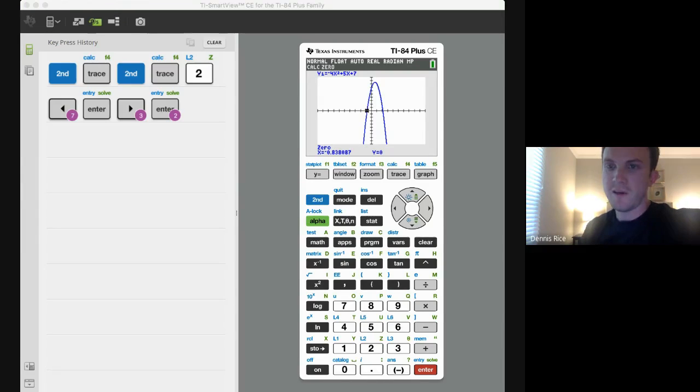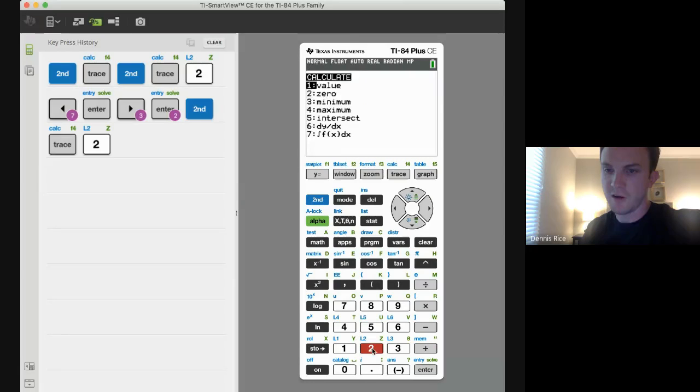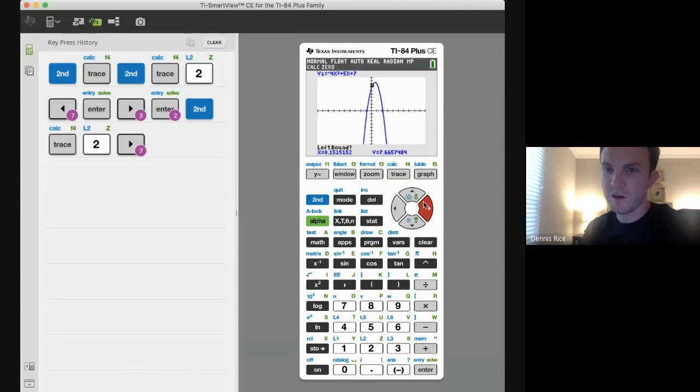Okay? If I want the other root, second trace again, zero, you've got to move the cursor. Now, left bound would actually be above the x-axis, the exact opposite of what we just said. It's hard to see because it gets steep, but do you see how we're on the left in regards to the root we're looking for? We're on the left-hand side. So hit enter. It doesn't matter how close or far you get.